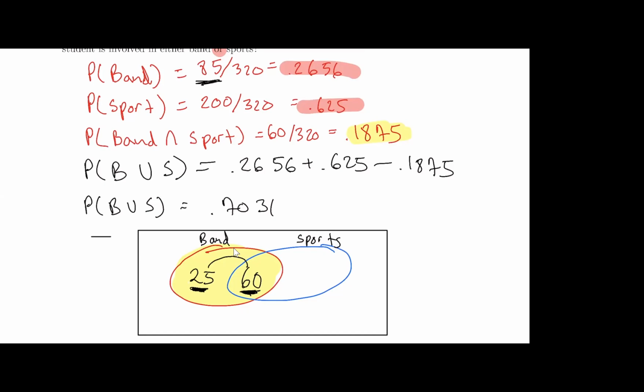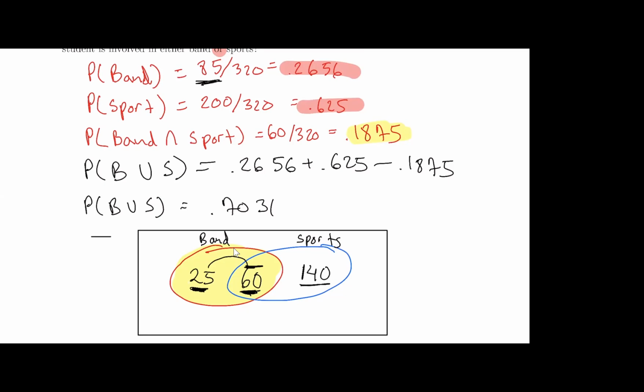Okay, so let's do sports. I already have 60 students right here that are doing sports. But how many total students do I have that do sports? 200.